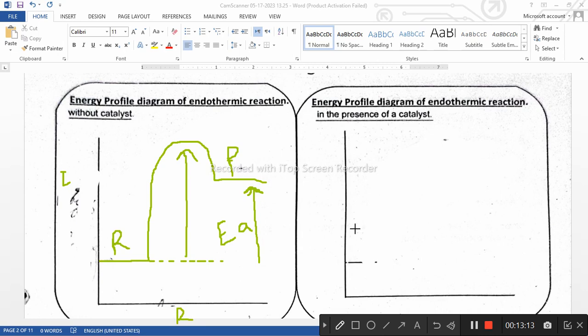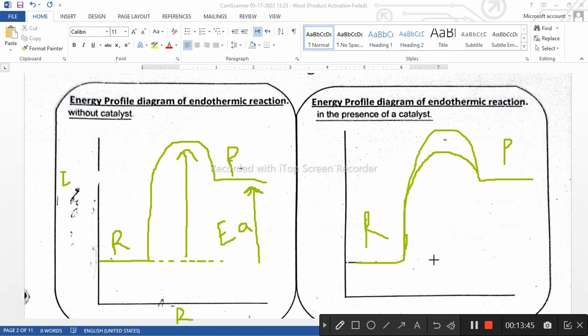Now for the catalyzed reaction. Firstly we have to draw the same. You can draw like this. Reactants, products, and then for the catalyzed reaction we have to draw it similarly, but like this.